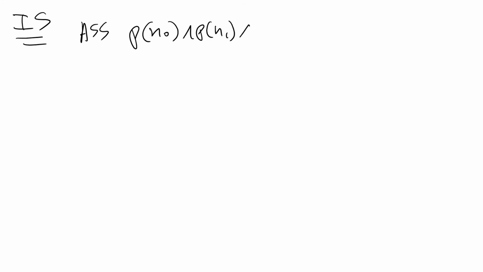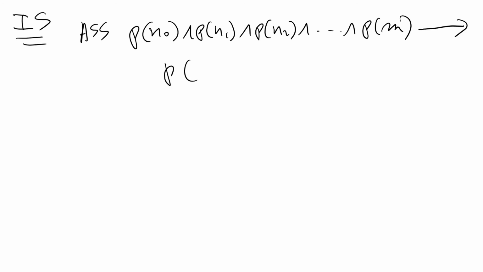Now for the inductive step, what we do is we assume that P of n0, P of n1, P of n2, and up to P of m are true. Then the goal is you must show that P of m plus 1 is true.